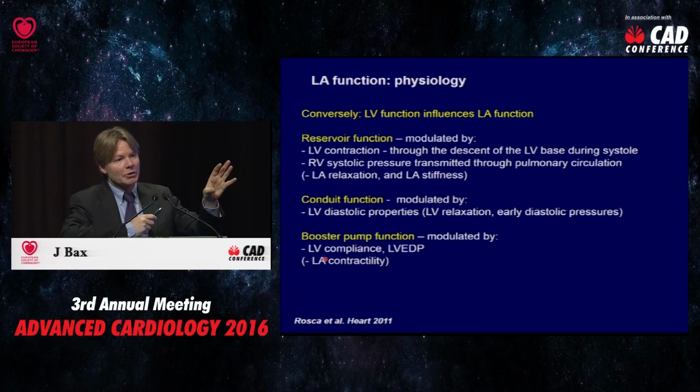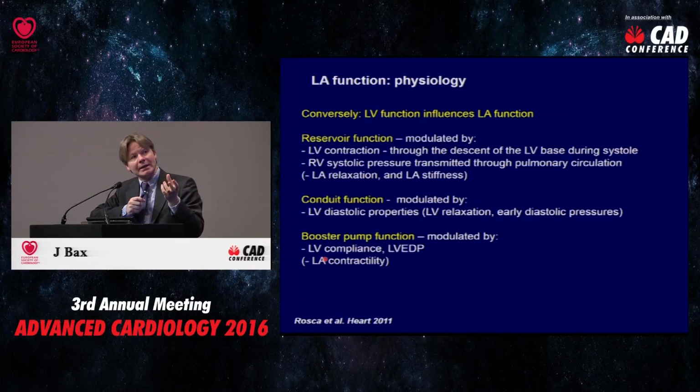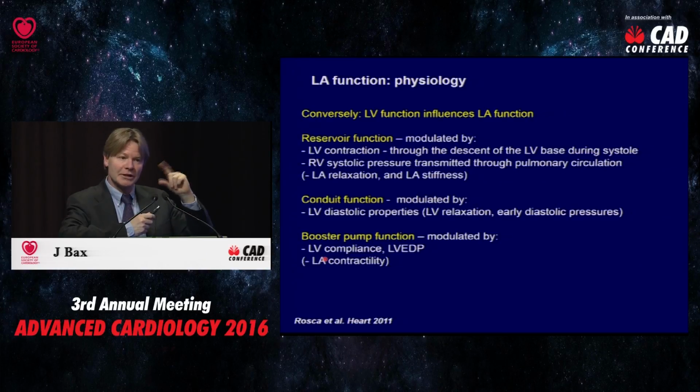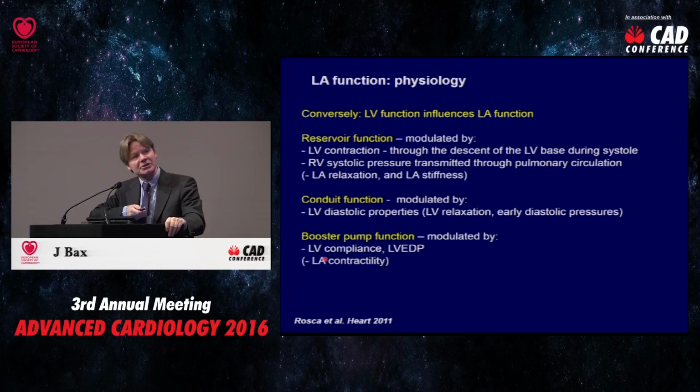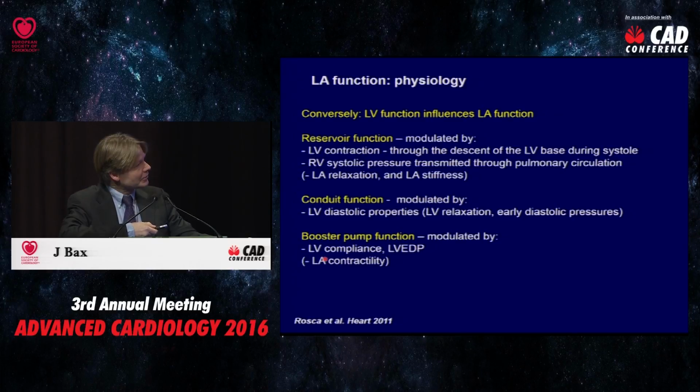We have just spoken about how the LA influences the LV, but the LV function, vice versa, also affects LA function. The reservoir function is modulated by LV contraction, because LV contraction in the beginning is this up and down motion. Also RV systolic pressures transmitted through the pulmonary circulation, LA relaxation and LA stiffness.